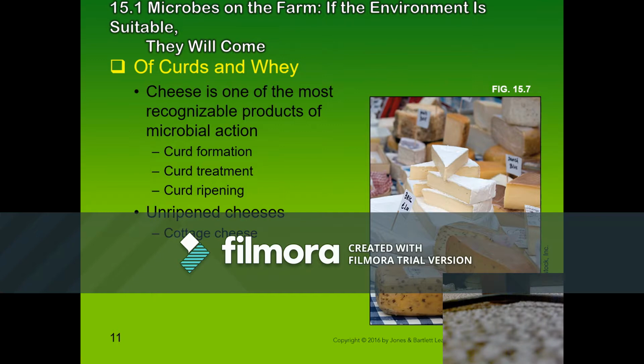Okay. Cheeses that are unripened are your soft cheeses, like cottage cheese. Ripened cheeses are your hard cheeses, things like cheddar, a harder cheese that has different cultures added to it.